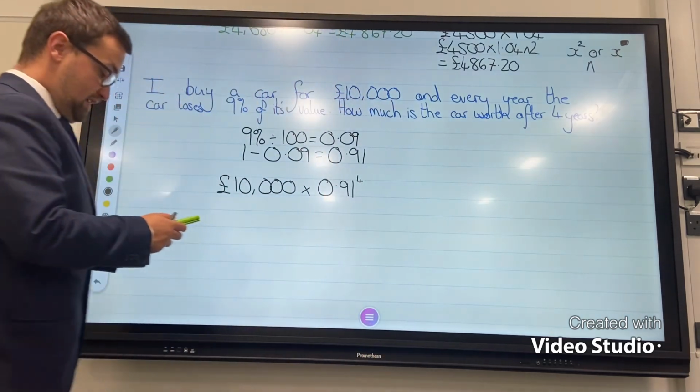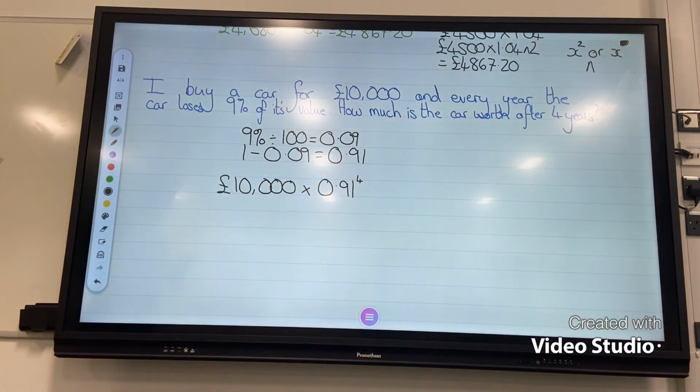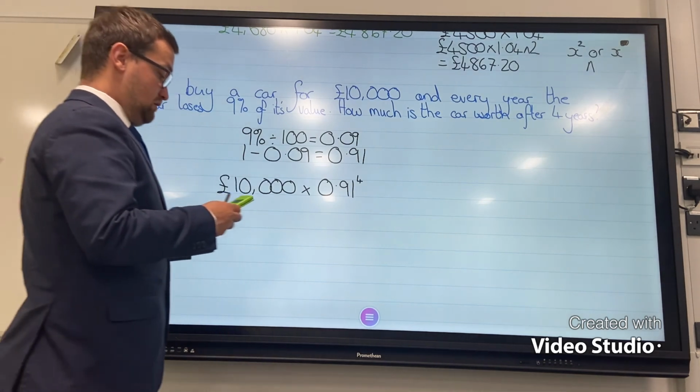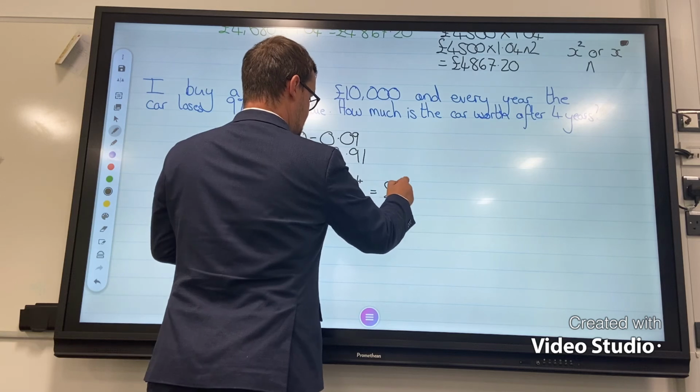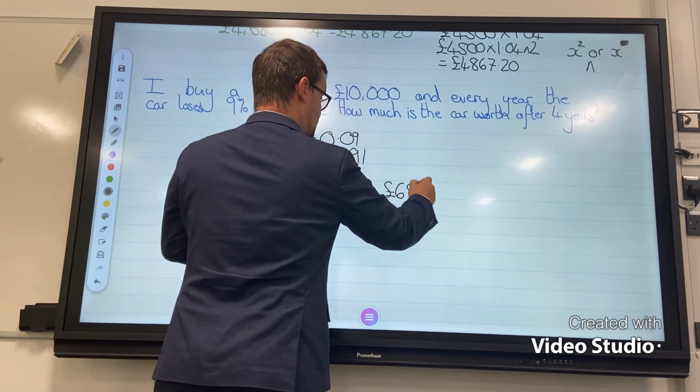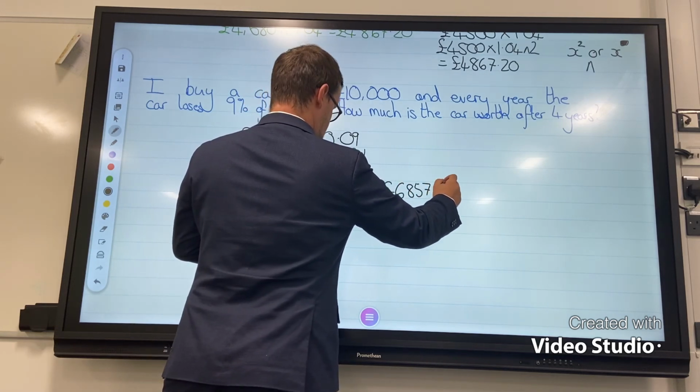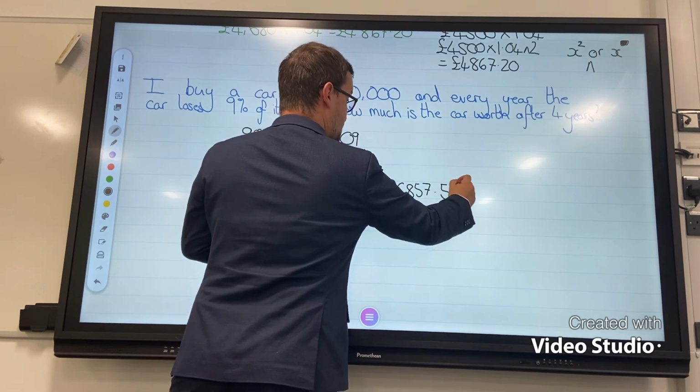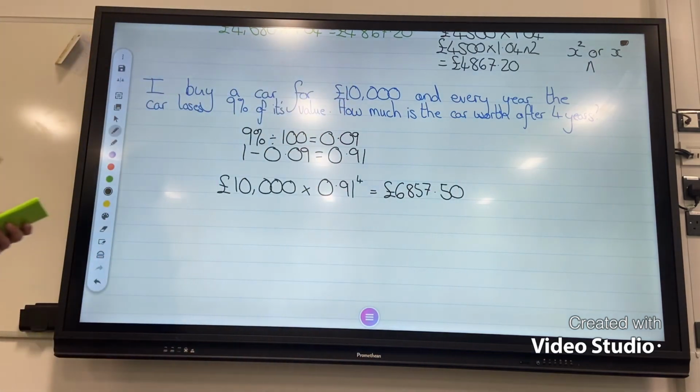We type that into our calculator, and you should get £6,857.50 when you round it to 2 decimal places.